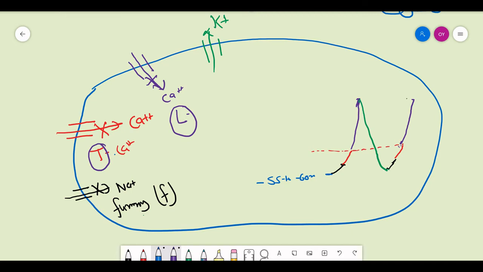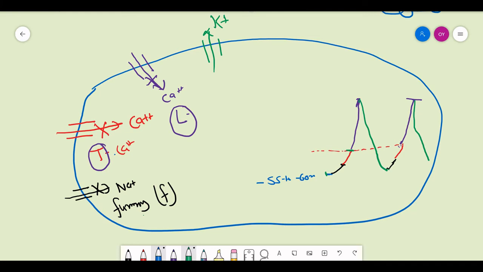And here at the peak, again which channel opens? Potassium channel, and it will cause repolarization. So again the action potential is over. This part from resting membrane potential to reaching of threshold does not require any external stimulus.